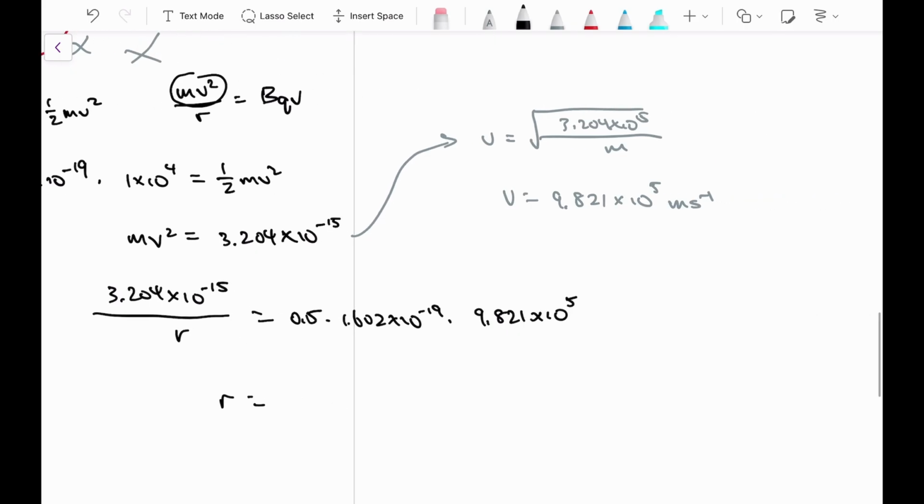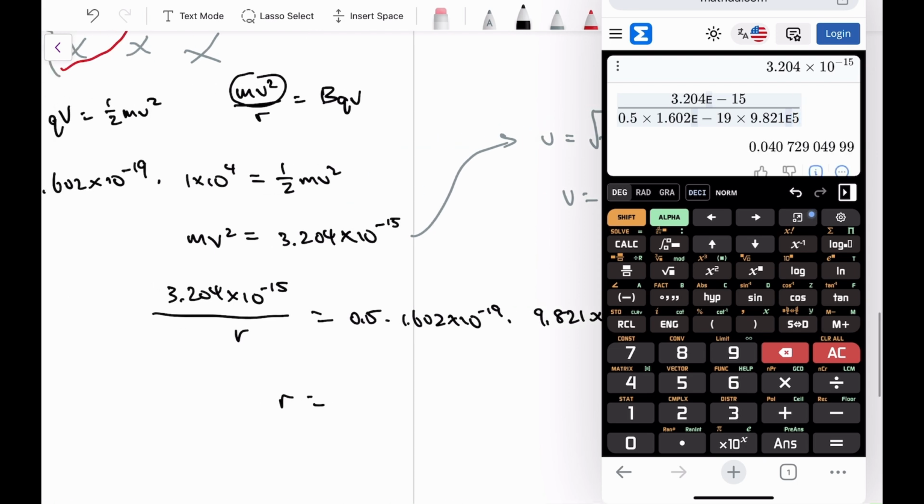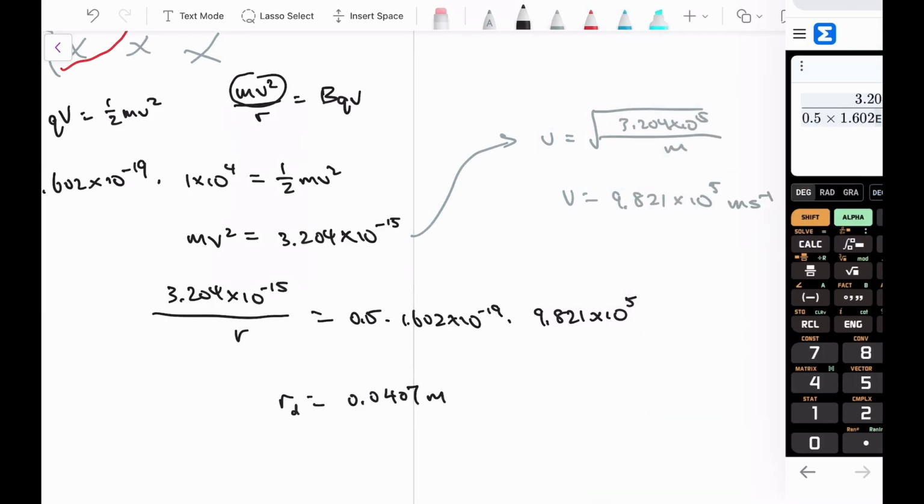So r will be equal to these two things divided, so that's 3.204 times 10 to the minus 15 over this entire thing, that's 0.5 times the elementary charge, and then times the speed of the deuteron, and that is equal to 0.0407. I'm going to do 3 significant figures, so that is 0.0407 meters. Okay, so this is the deuteron, so let's label it as RD.